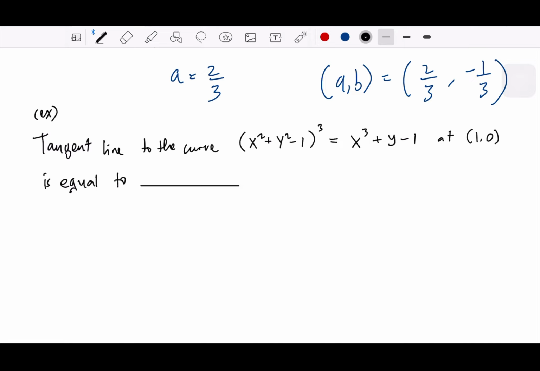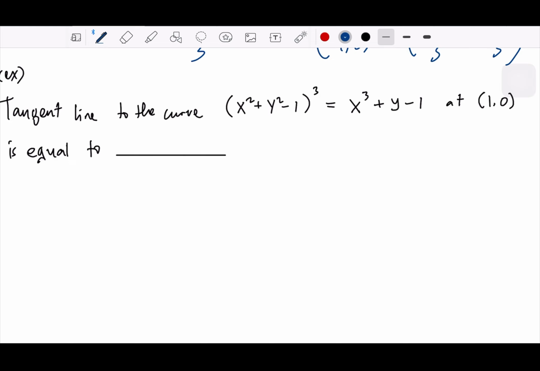Okay, so let me write this for you here. So implicitly derive.